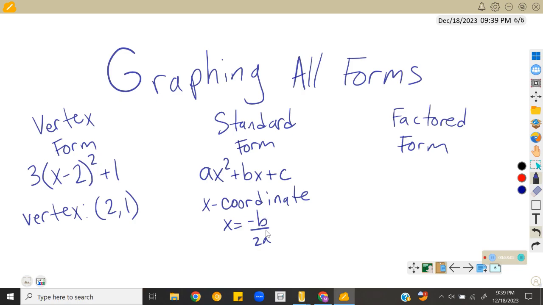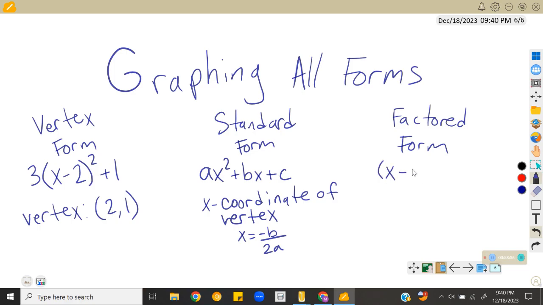And then when we wanted to find out what the y coordinate of the vertex is, what would we do? We wanted to find the y coordinate of the vertex, then we would plug that into our actual equation. That was a process that some of you guys got down. Some people kind of just left that one behind.